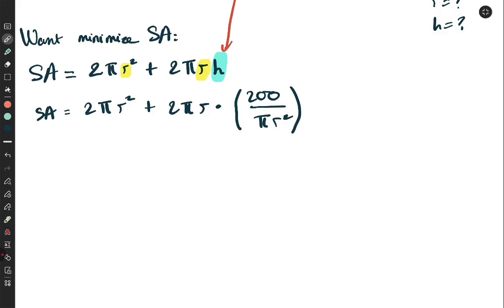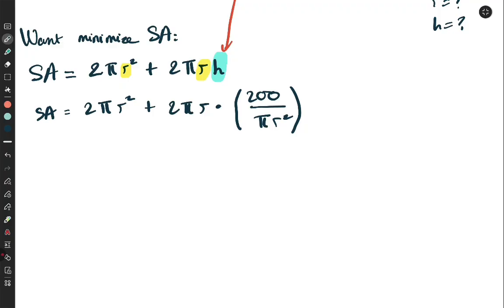Nothing more you need to do in terms of setting up. Now you have the surface area as one variable. Simplify, take the derivative, find the critical point, done. Okay, let's go. Try that. Simplify first. Don't try to take the derivative right now. Simplify.